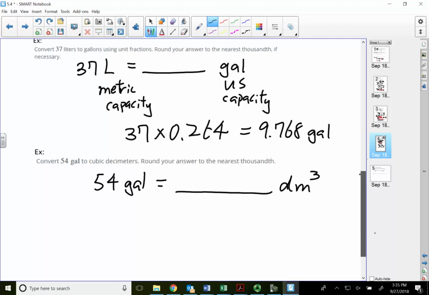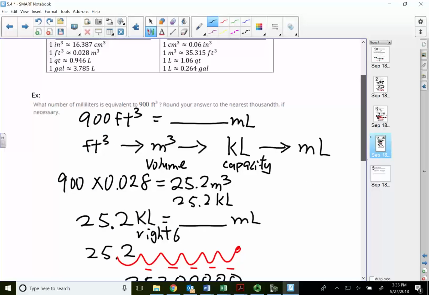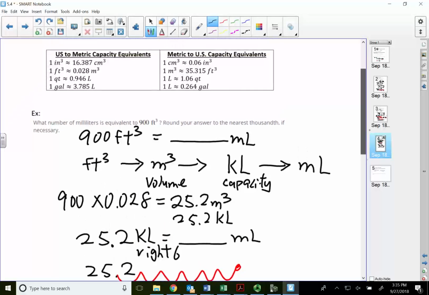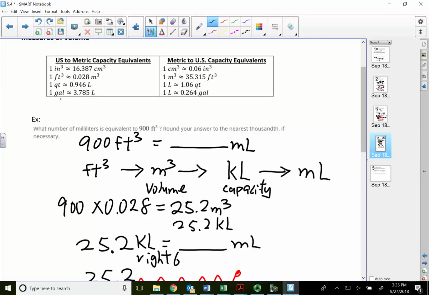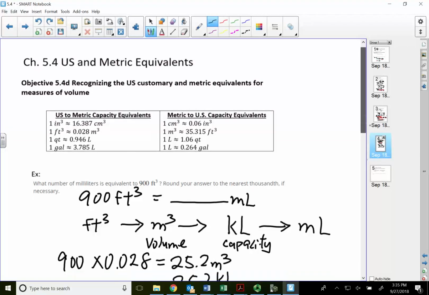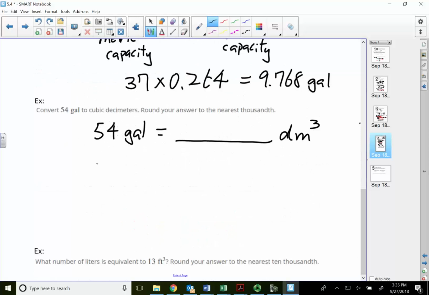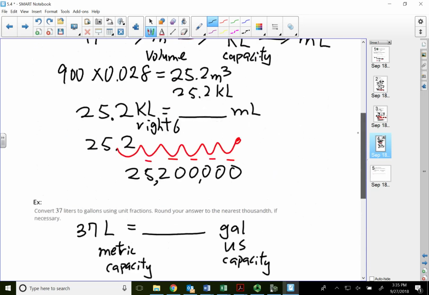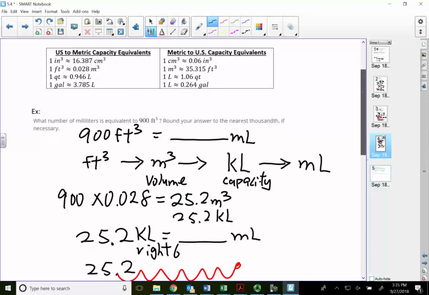All right, what's that say? Gallon takes me to liter. Interesting. How do I do this one?